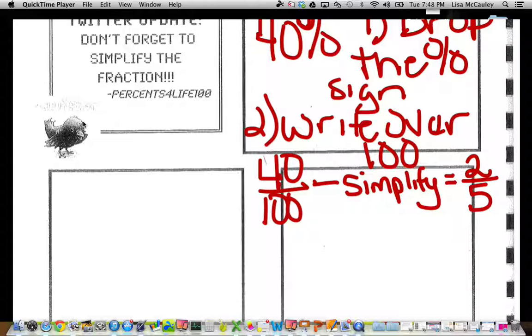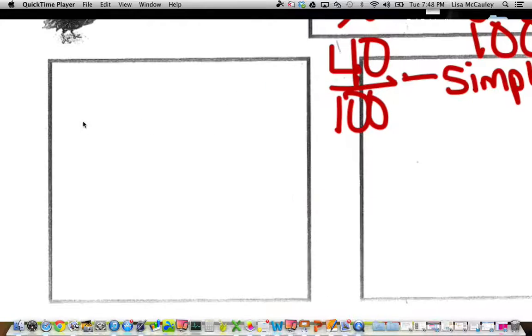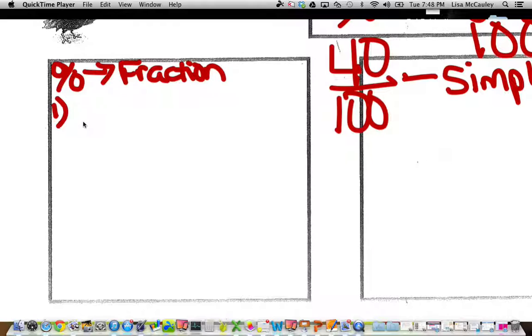Okay, so let's write the steps a little bit more clearly over here, where we have a little bit more space. So to go from percent to fraction. Okay, first step is drop the percent sign.